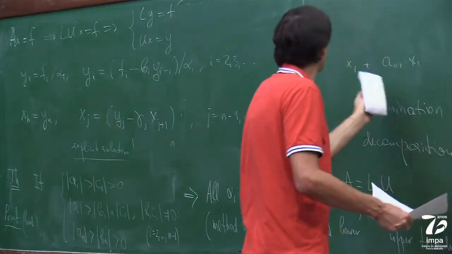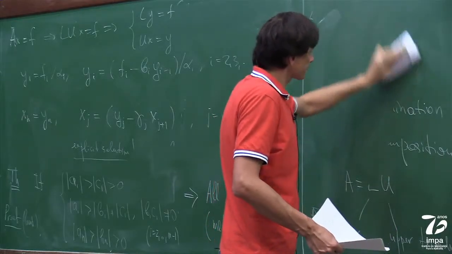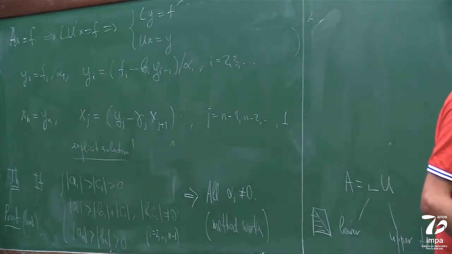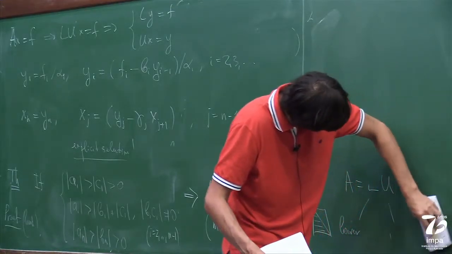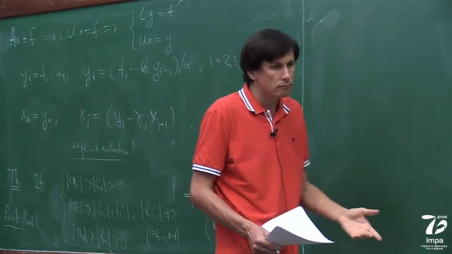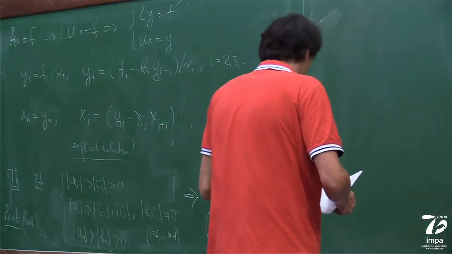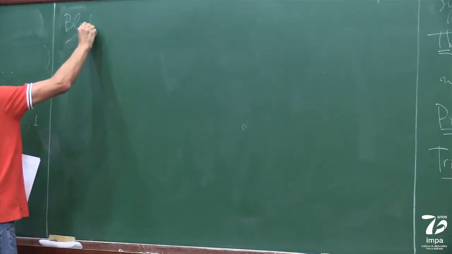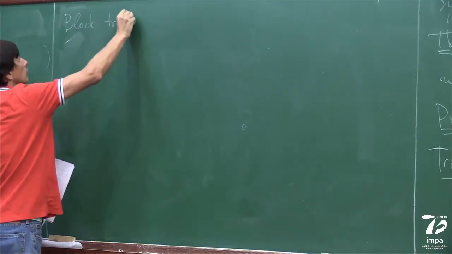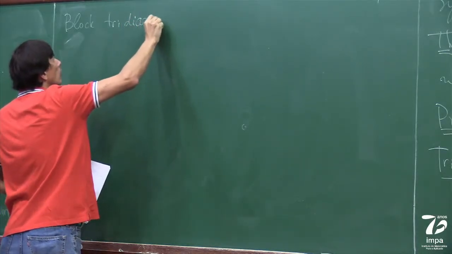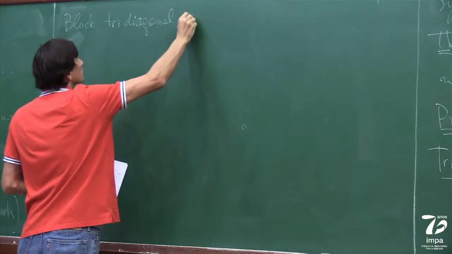At the same time, what often appears is not just three-diagonal, it's kind of a three-diagonal matrix, but where the diagonals are not elements, but blocks. So a block three-diagonal matrix.